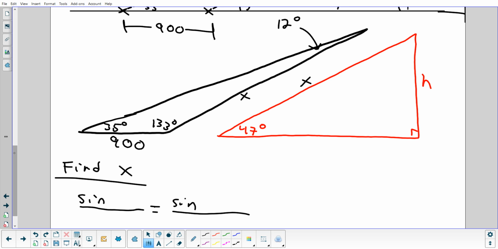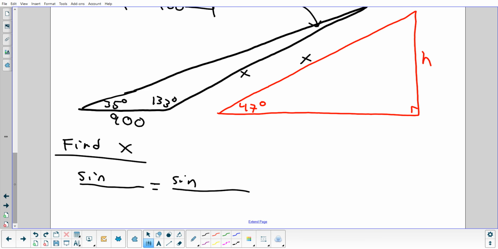Sine of 35 over 900. Perfect. Sine of an angle, divide by what's across from it. So she put all the information that is known on one side. Now this side is going to have the unknown. So how about, Casey, what would I put on the other side?